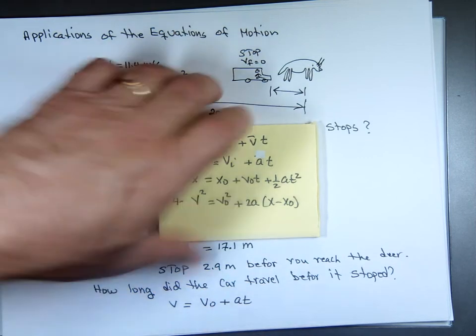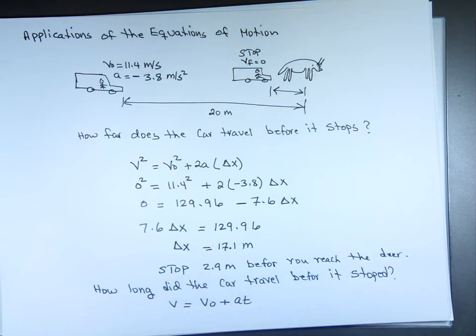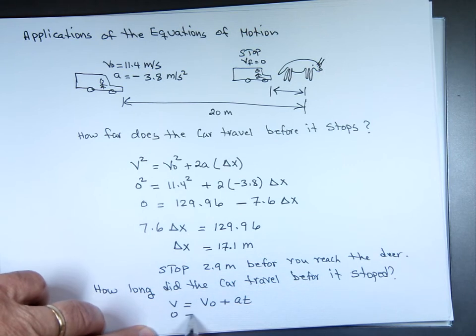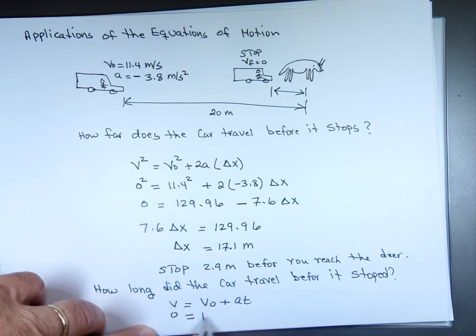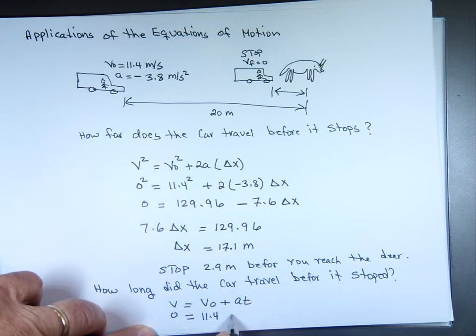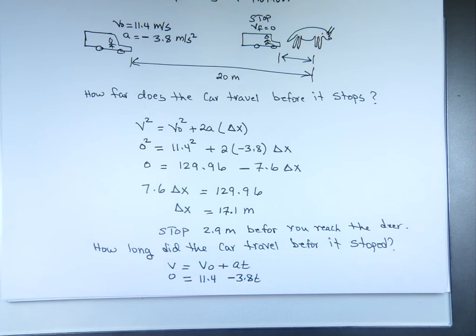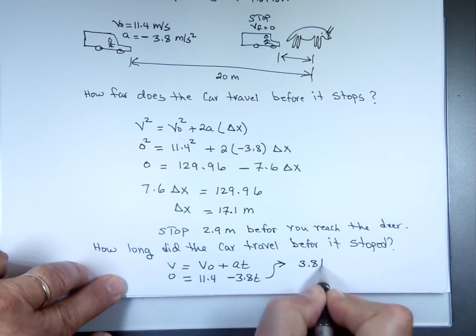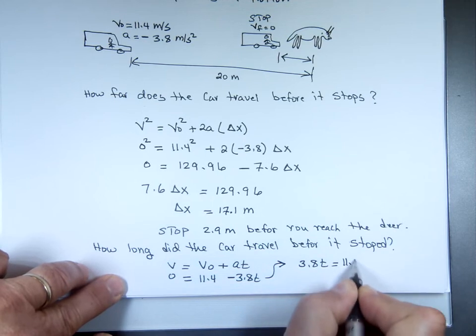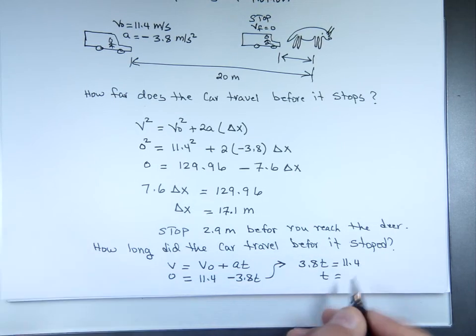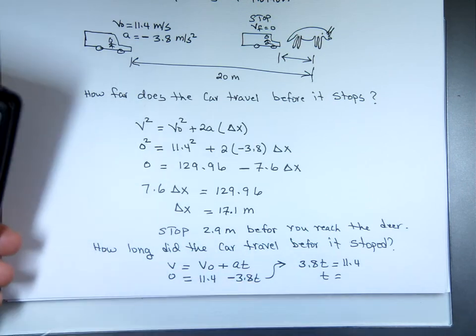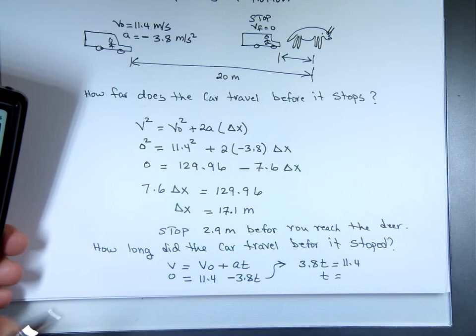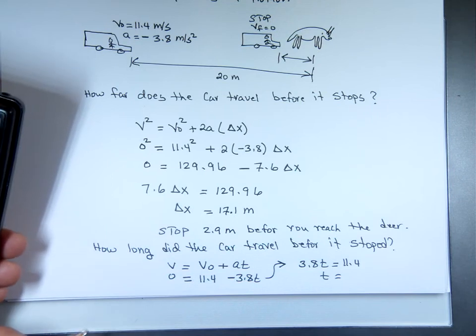Vi or Vo is the same thing. 0 equals initial velocity 11.4, this will be minus 3.8 t. t equals 11.4 over 3.8. t equals what? Three seconds.